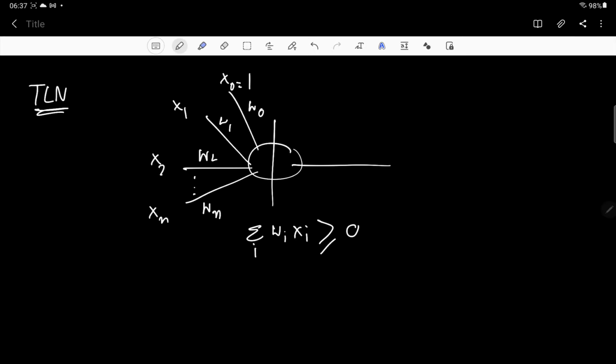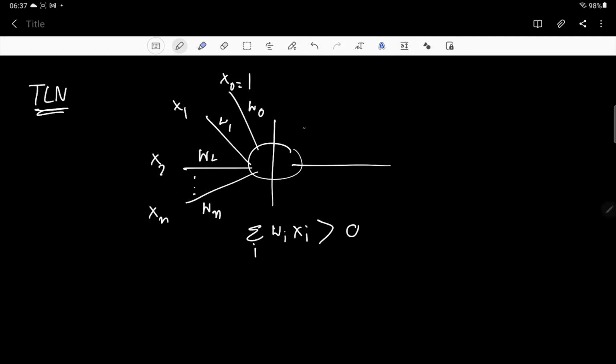But actually, for equal to 0, sometimes we don't like this boundary. We would like it to be greater than 0, not equal to. So you'll understand the concept of this later.